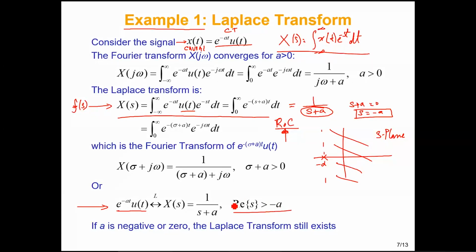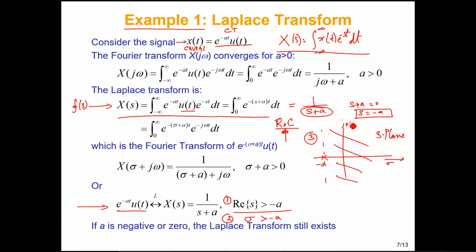There are three ways in which we can express the region of convergence. We can write it as this, we can write it as sigma greater than minus a, or we can just diagrammatically show it like this. So these are three different ways in which we can express or show the region of convergence.